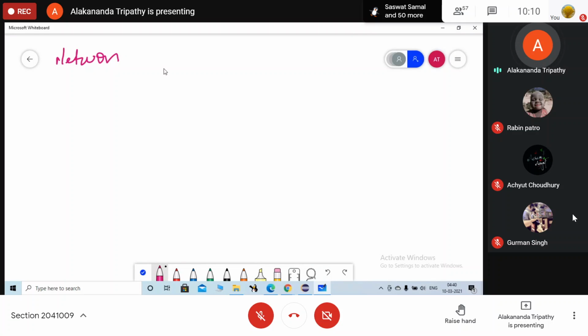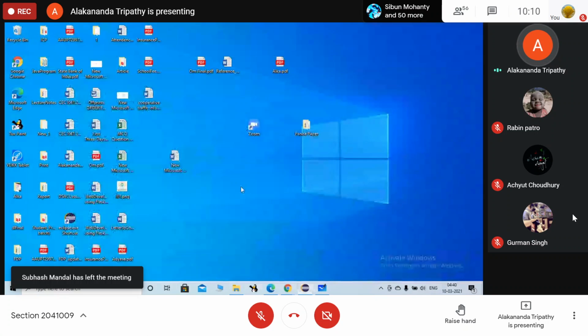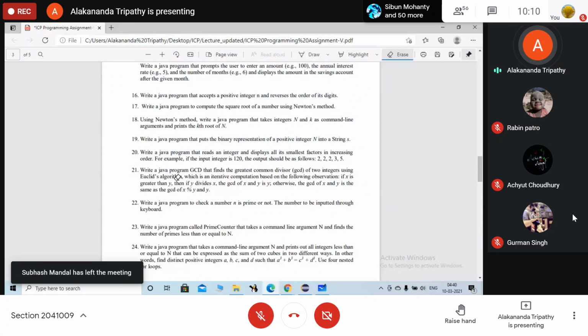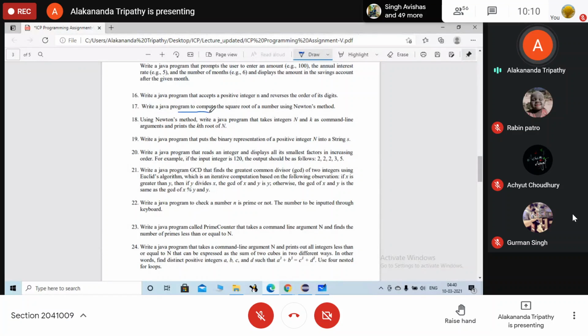So the formula here is when we are supposed to find the question. Read the question. Write a Java program to compute the square root of a number using Newton's method.